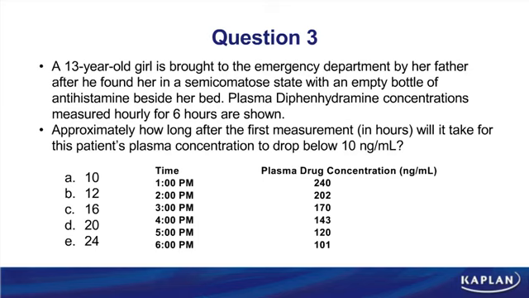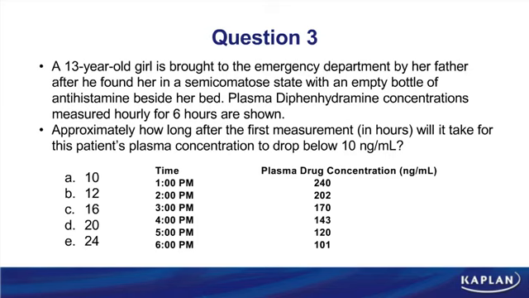So given that the half-life of the drug is 4 hours, how long is it going to take to drop below 10 nanograms per mil? Calculate the number of half-lives that are going to be required to go below 10. The first half-life takes you from 240 down to 120. The second half-life, 120 goes down to 60.